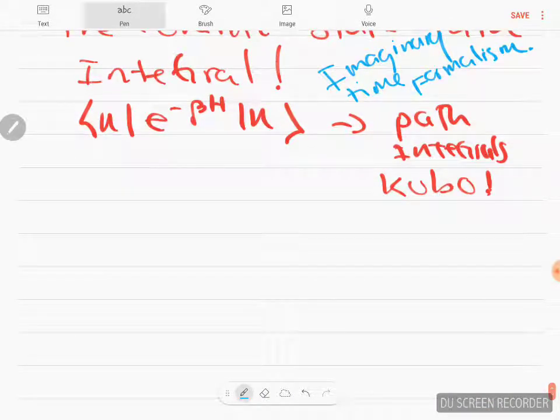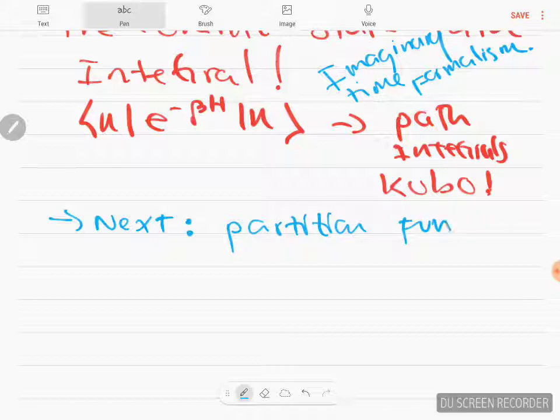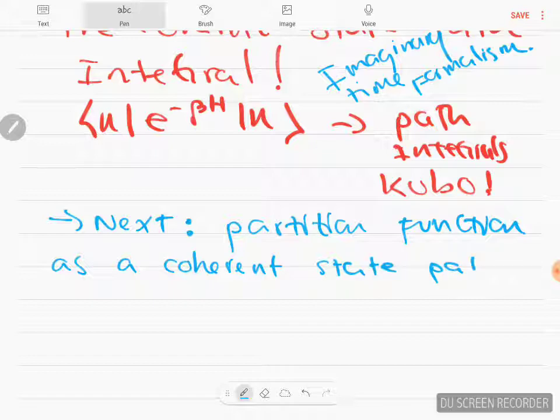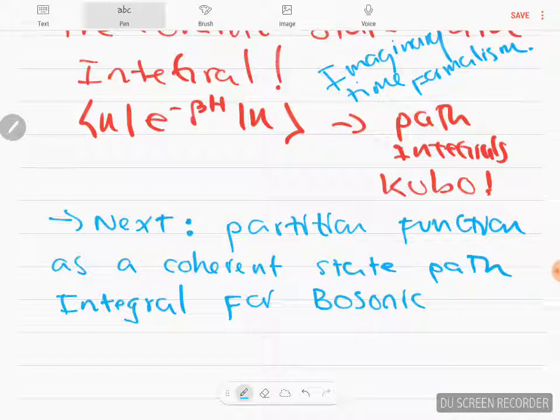So we're not there yet, but the next topic is the partition function as a coherent state path integral for bosonic classical fields.